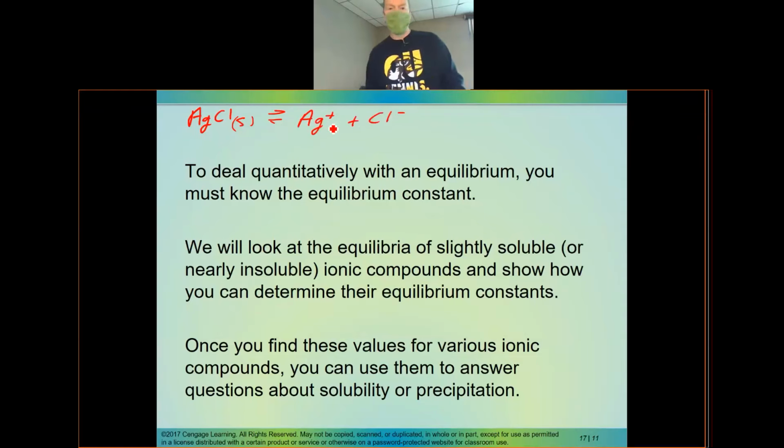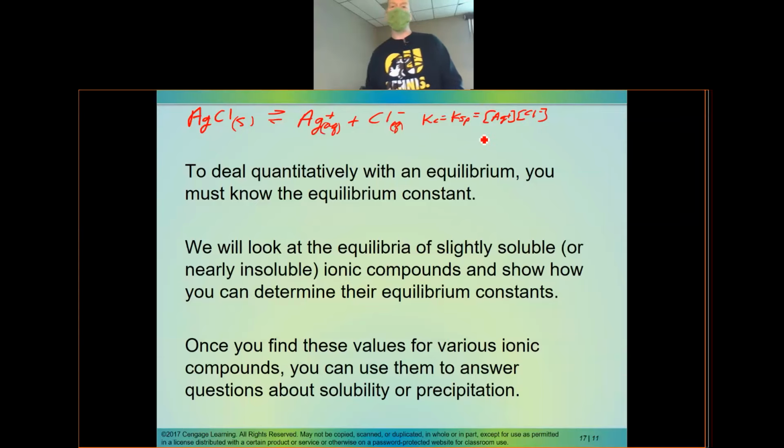All ions are aqueous, so I don't usually write aqueous every time, but you need to know that all ions are aqueous. And so when you write the Kc for an insoluble salt going to its ions, it is called a KSP, where the SP stands for solubility for the S, and the P is the product, because when you take your products over your reactants, you get your concentration of Ag plus, concentration of Cl minus.